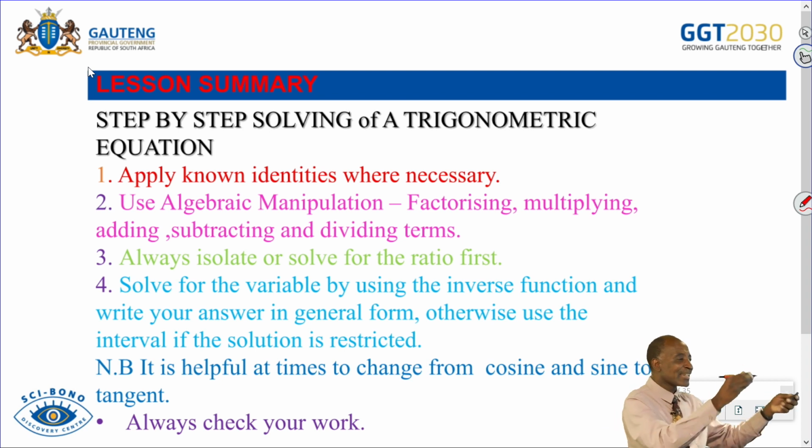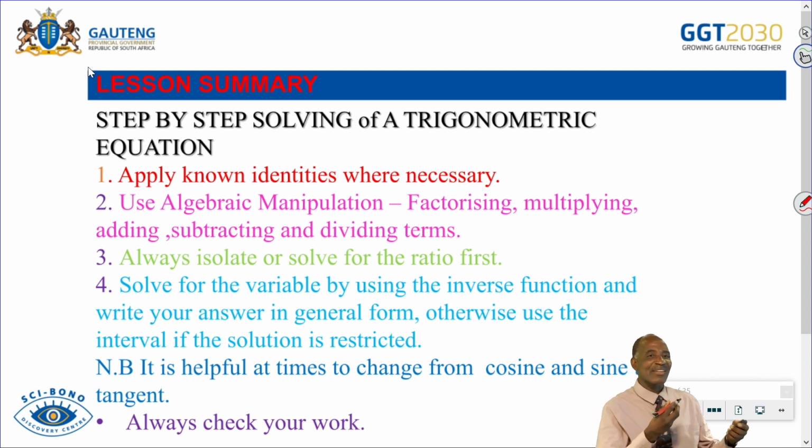Then having done whatever manipulation, whatever substitution, it is always advisable and wise to keep on checking, tracing, and tracking your work to see that there are no errors. Otherwise, you need to remain focused because it will affect the answers towards the end. Trigonometry requires concentration. Otherwise, you will spoil the work all the way down if you don't keep on checking.